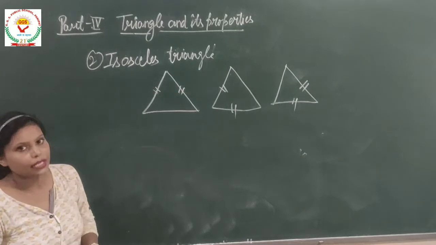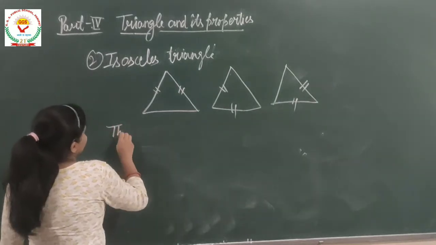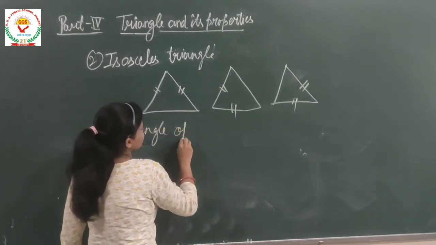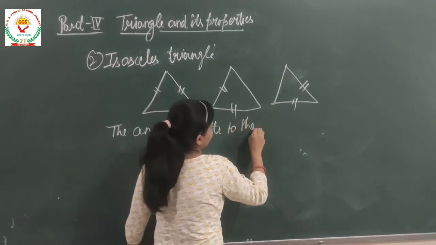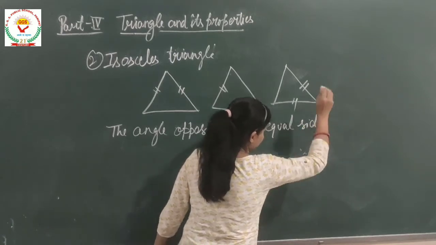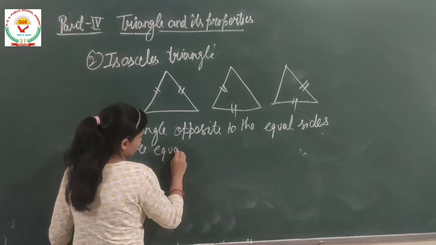One more property related to the isosceles triangle is that the angles opposite to the equal sides are equal. What does it mean?